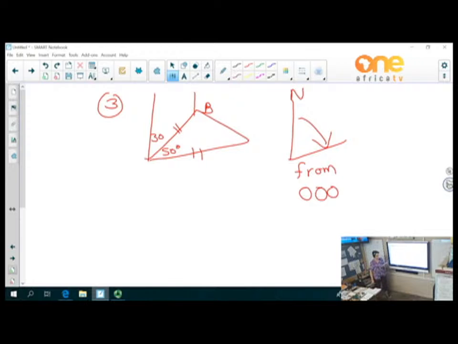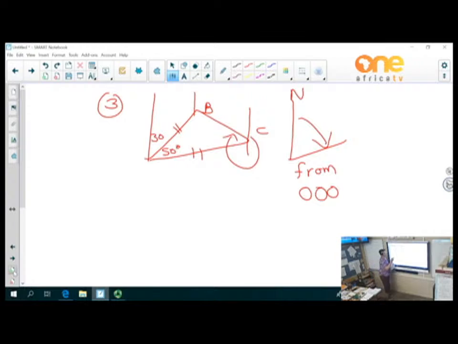It then changes course to sail to C and returns to H. So you've got an isosceles triangle there. Calculate the bearing of H from C. Now, if we have to calculate the bearing, this is what we want. That is the bearing that we want there. Okay, so what will it be?